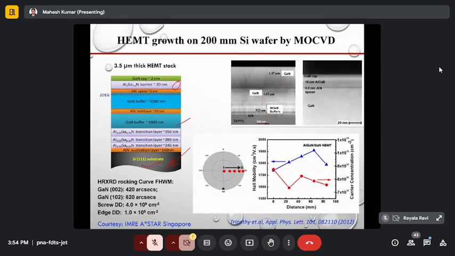What will happen? Defects will come, so we minimize these defects.